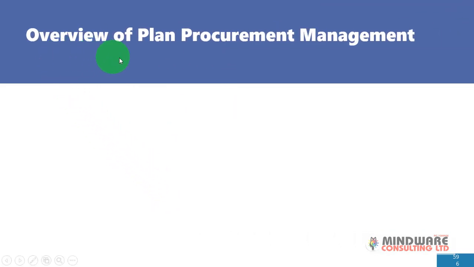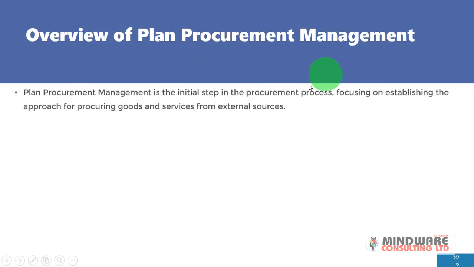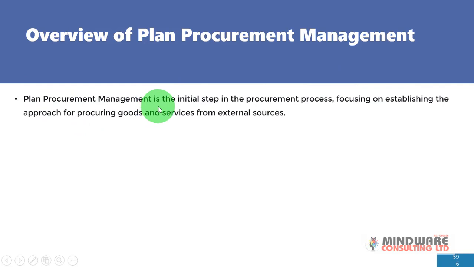Okay, so an overview of the plan procurement management process. Plan procurement management is the initial step in the procurement process, focusing on establishing the approach for procuring goods and services from external sources.